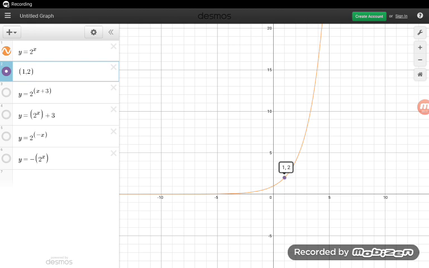In this video, I'm gonna go over some transformations with exponential graphs. Previously in chapter 1, we already came across different types of transformations. We covered translations, moving the graph left and right, up and down, and then we also came across reflections across the y-axis and across the x-axis.